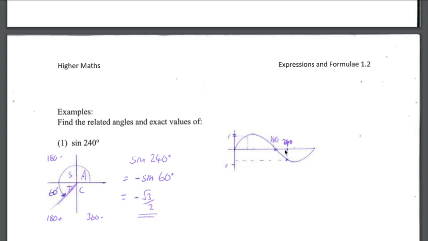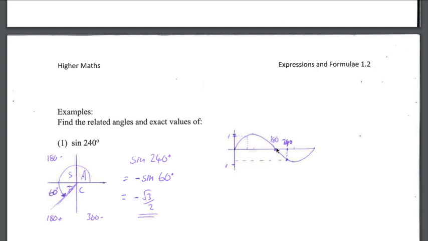So the sine of 240 is going to be the negative of the sine of, well, we were 60 degrees past 180, so the sine of 240 is the same as the negative sine of 60. Okay, so here we're moving 60 degrees along and looking at the height, which will be root 3 over 2, because we know from our exact values that the sine of 60 is root 3 over 2. Have a quick look back at the previous video if you've forgotten that.